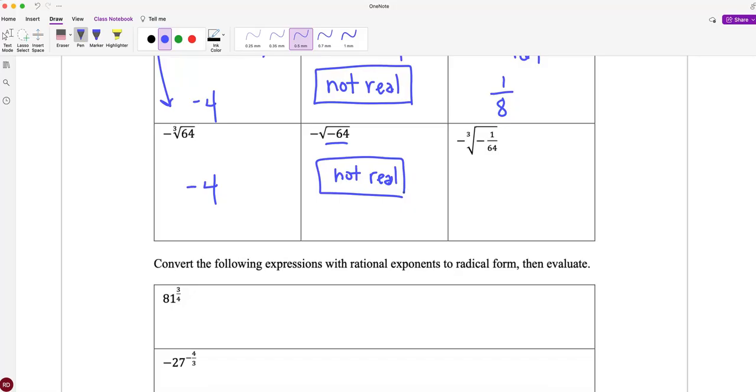Negative cube root of negative 1/64. Okay, so I can rewrite this as negative cube root of negative 1 over cube root of 64. What number do you multiply 3 times and get negative 1? That's negative 1. What number do you multiply 3 times and get 64? That's a 4. This answer is 1/4.